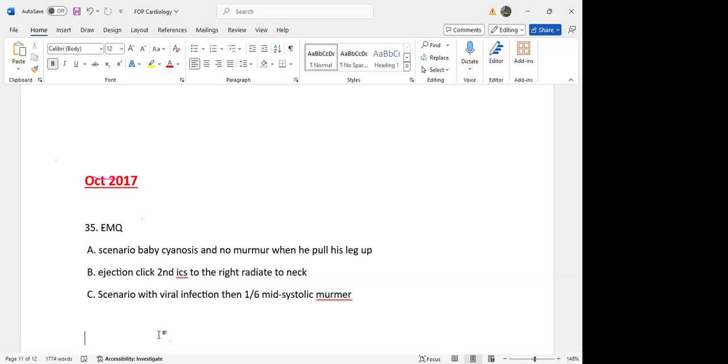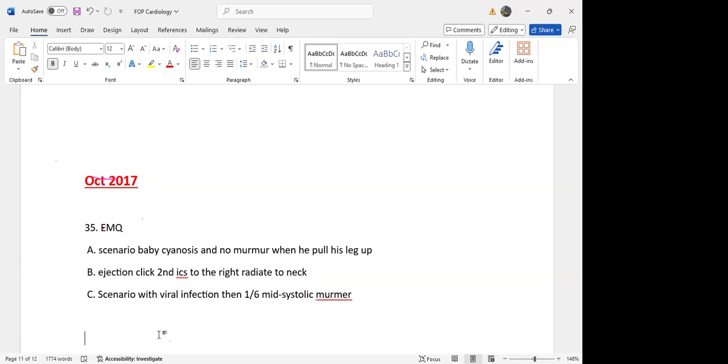We already discussed that during the cyanotic spell, the murmur vanishes. Why does the murmur vanish? Because there is no flow across the pulmonary valve. If there is no flow, there will be no turbulence and no murmur will be produced. So most likely this is a cyanotic spell due to tetralogy of Fallot.